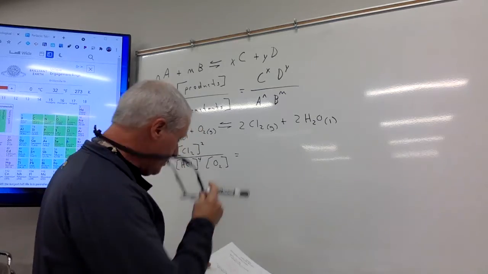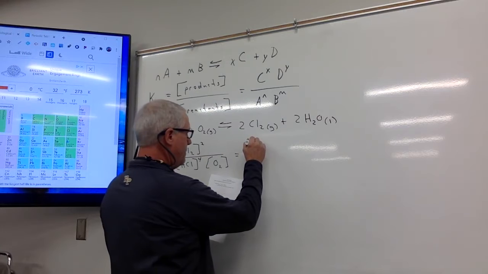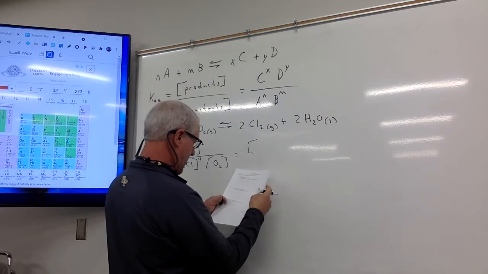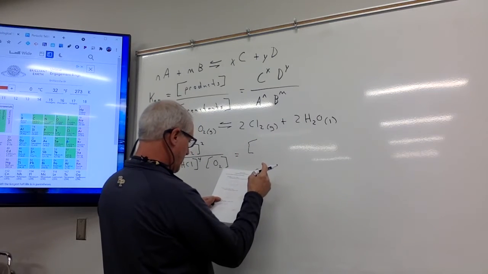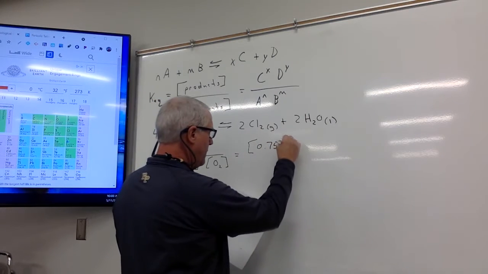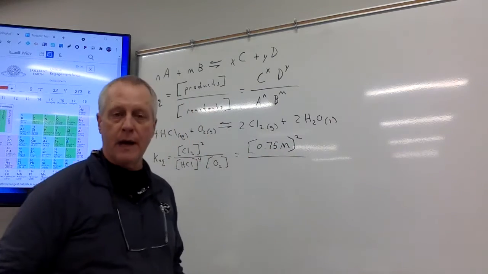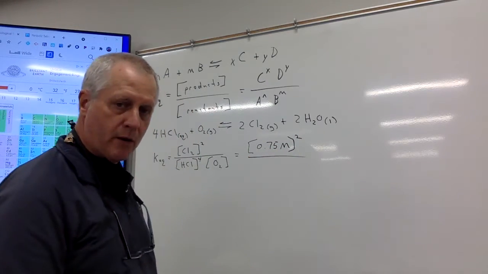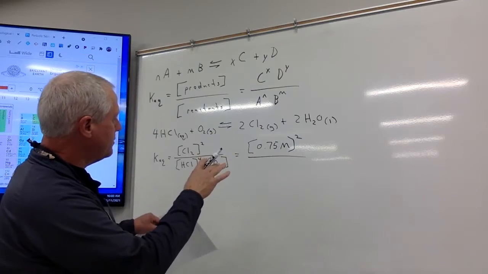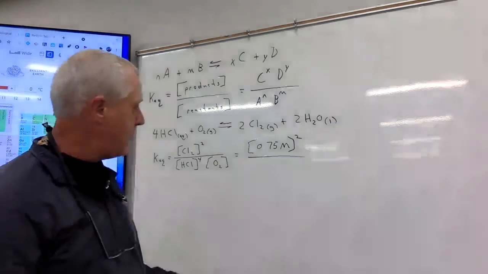All right, plugging in the numbers. So it turns out chlorine, the value for that in the problem is 0.75. So in the problems, you will see the molar values listed, and then it's just a matter of plugging it in. So the most important thing is just getting your balanced equation and making sure you have things set up right.